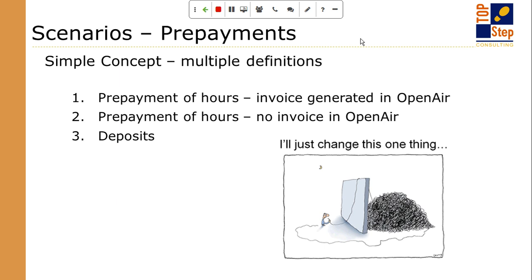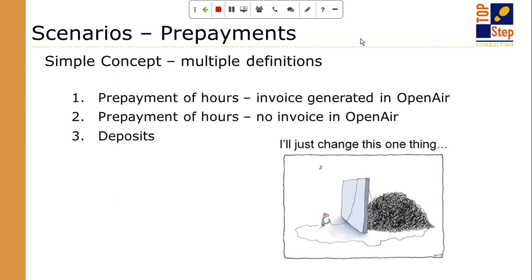Prepayments, although the concept is simple, actually have a lot of factors that go into how you manage them. There's the prepayment, but then there's how you show the customer what the prepayment is being applied to, as far as the hours that are being delivered.